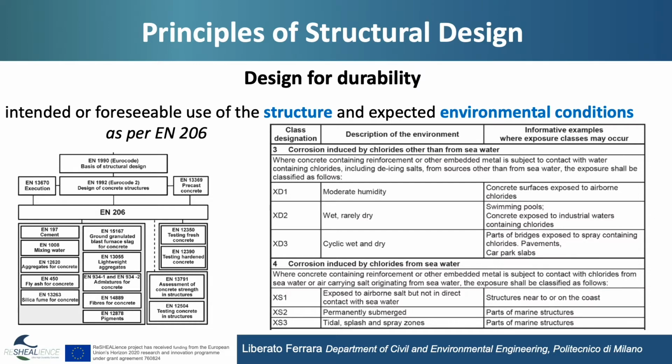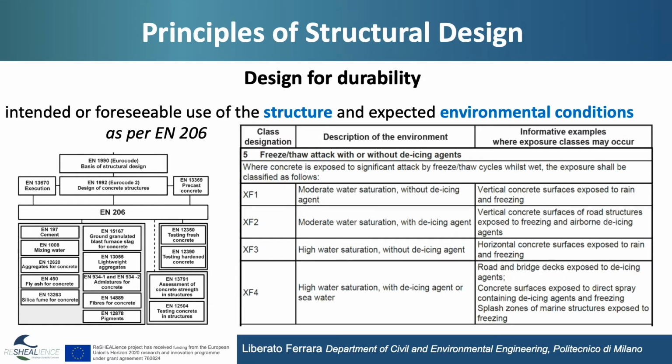Then we have attack due to freeze and thaw cycles, with or without de-icing agents, differentiated, as you can see, into 4 subclasses dealing with the water saturation of the concrete and the presence or not of de-icing agents. So you go from moderate water saturation without or with de-icing agents, class XF1 and XF2, to high water saturation without and with de-icing agents, class XF3 and XF4.